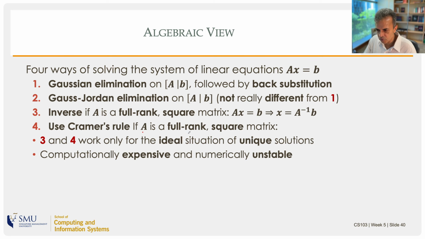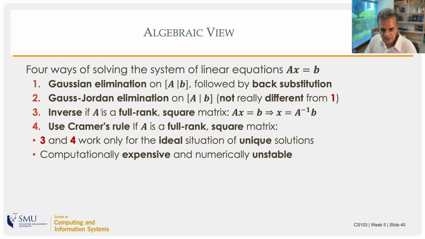Again, if A is a full rank invertible square matrix, then you have determinant of A, and then you can find the determinant of a matrix created by replacing the jth column by the constants vector, find the ratio, and that would be the jth component of the solution in X. Remember, X is a vector, the jth component will be given by that method.